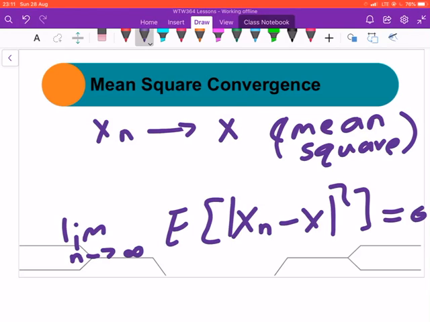So we say that it means that xn converges to x in mean square, right?